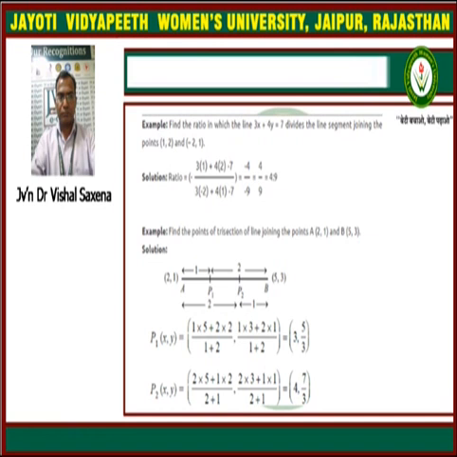So we just have to apply the formula for P1: m1 x2 plus m2 x1 upon m1 plus m2, comma m1 y2 plus m2 y1 upon m1 plus m2. This will become (3, 5 upon 3), and in a similar way point P2 can be determined, which comes to (4, 7 upon 3).